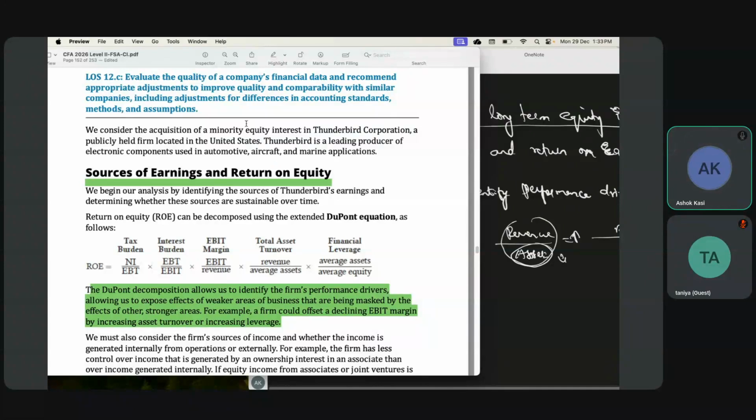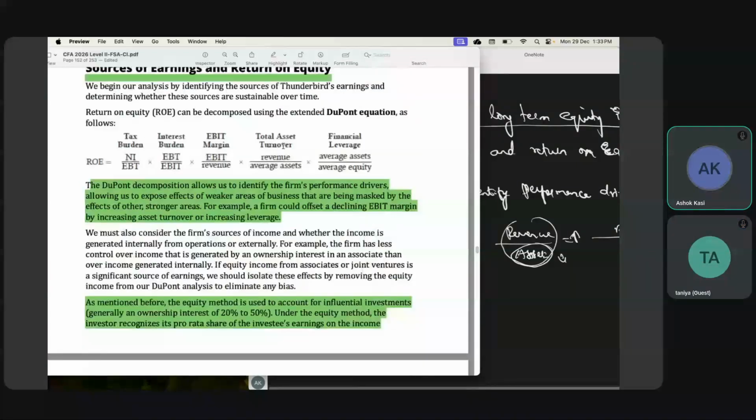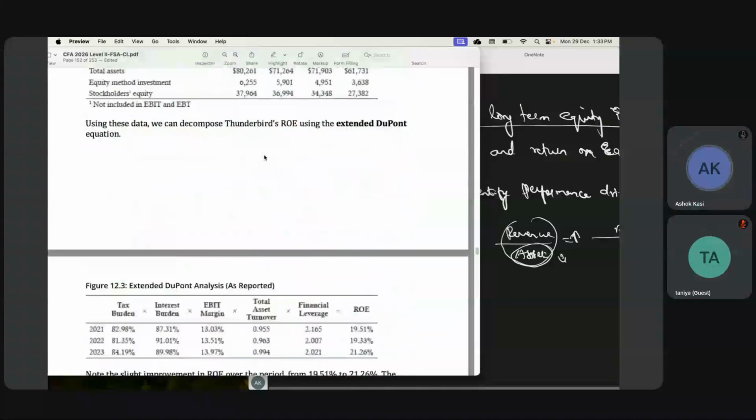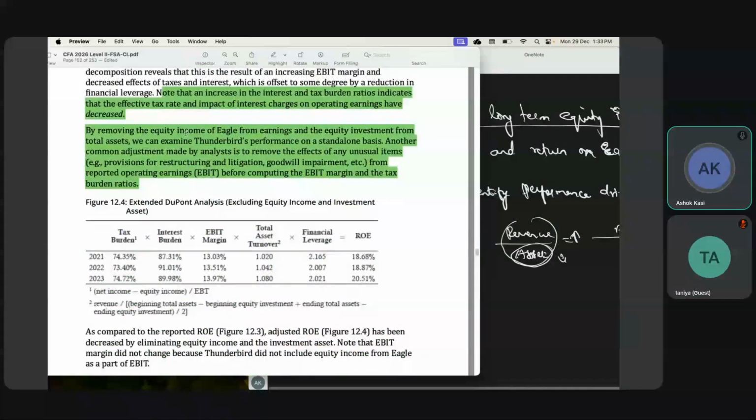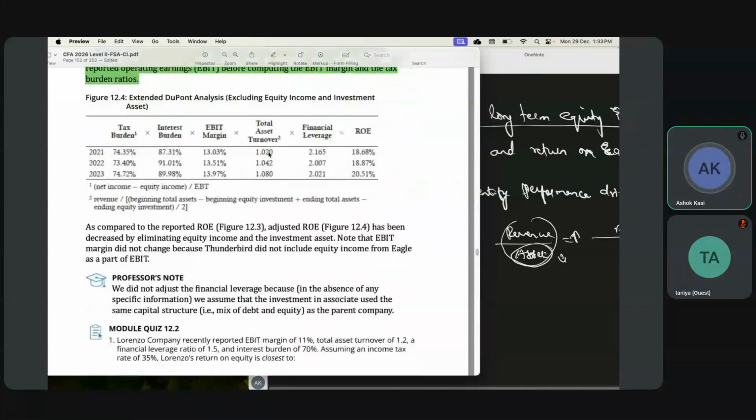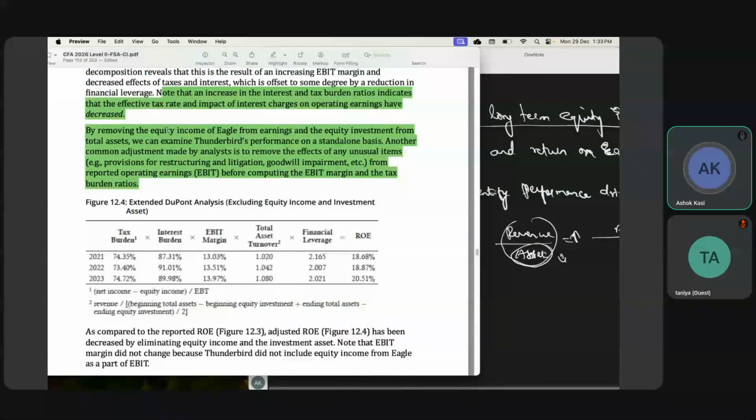Eagle is the company which is investing. So by removing the equity income of Eagle from the earnings and equity investments from total assets, we can examine Thunderbird's performance on a standalone basis.